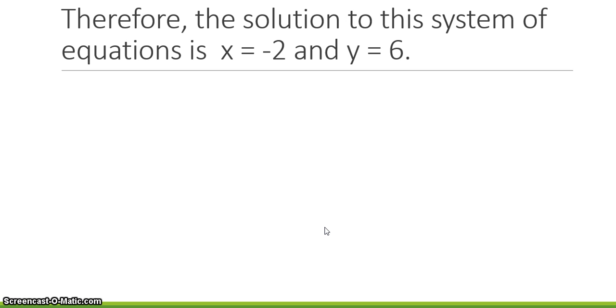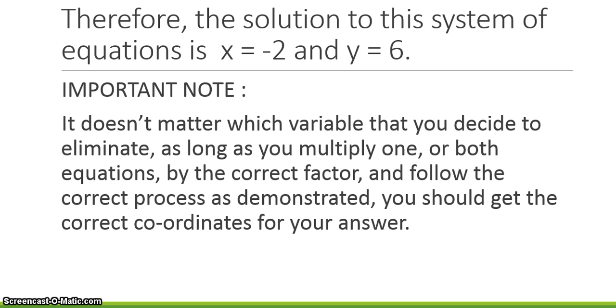So once again, I find that the solution to this system of equations is x is equal to negative 2, y is equal to 6. So you can see that it didn't matter which way I did this. If I eliminate y and solve for x, I get exactly the same answer as if I eliminate x and solve for y.